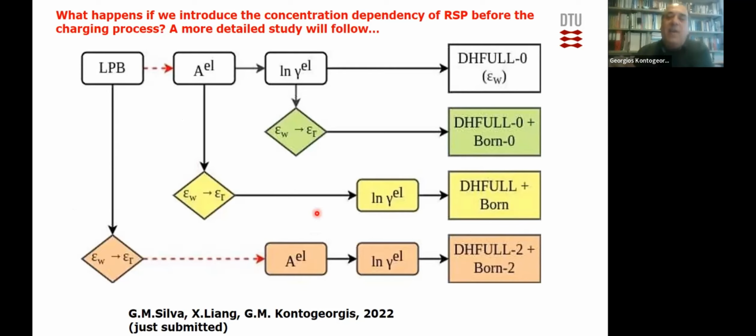All the engineering equations of state put it after the charging process. So we had to develop an approach before the charging process. And that's one of the most recent works of Gabriel. And it is just submitted. So that's something to discuss a little bit at some other time on what will be the exciting conclusions of this work.